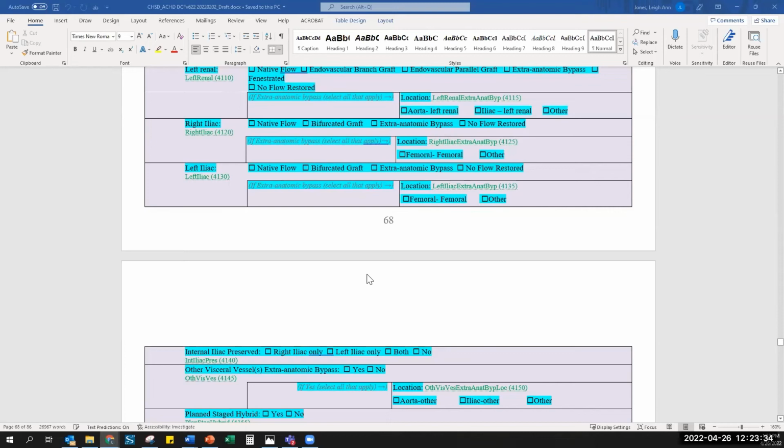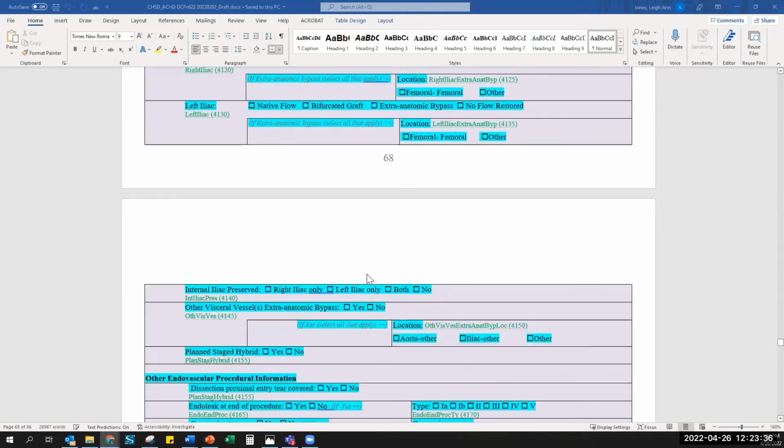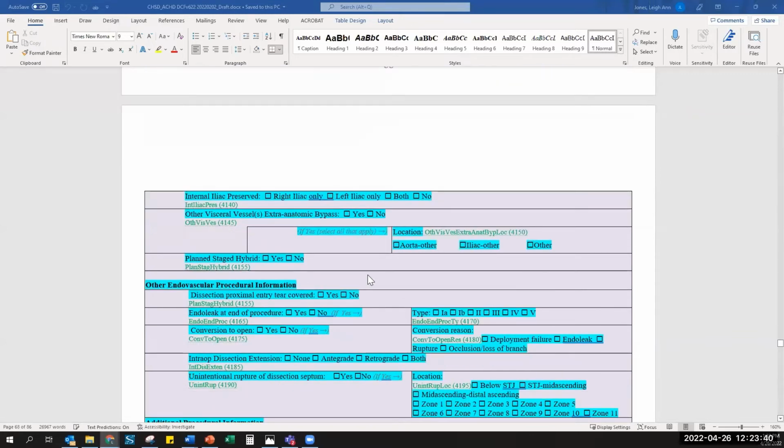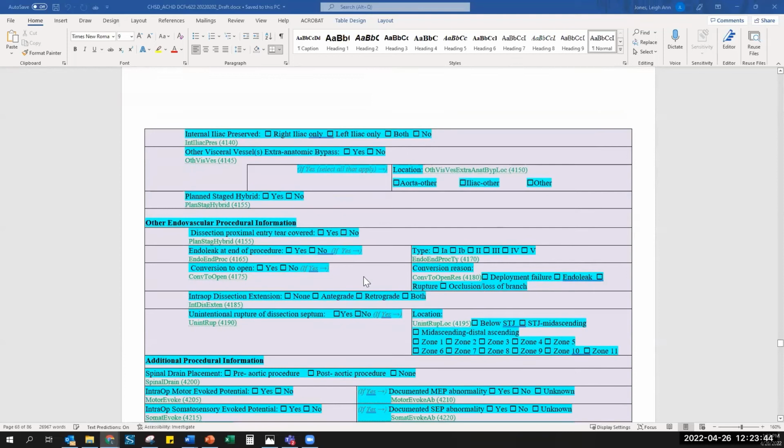Okay, so once we get through the arch branch and the abdominal branch, the visceral branch management, then we move into whether this was a planned staged hybrid, which we already talked about before. Sometimes this can occur in a different episode of care too.